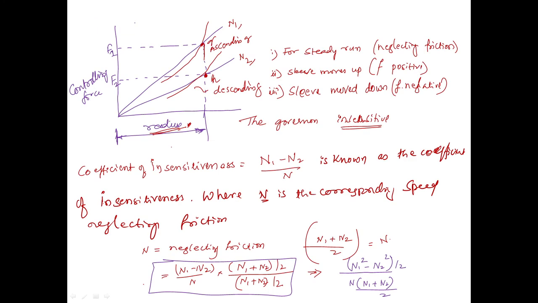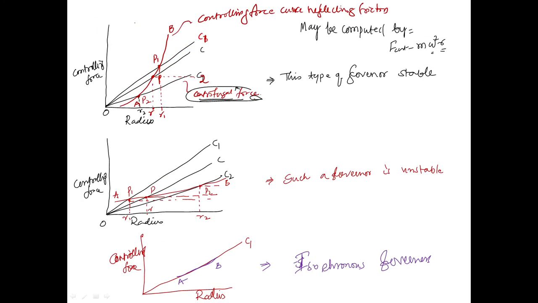And one more thing here, the other authors have gone for a different method to find out the value of the controlling force. They have drawn diagrams with respect to the speed as well as the radius and controlling force, and then plotted the requirements directly. On the left vertical axis you have the controlling force, on the horizontal axis the radius, and on the vertical line on the right-hand side they have gone for speed.